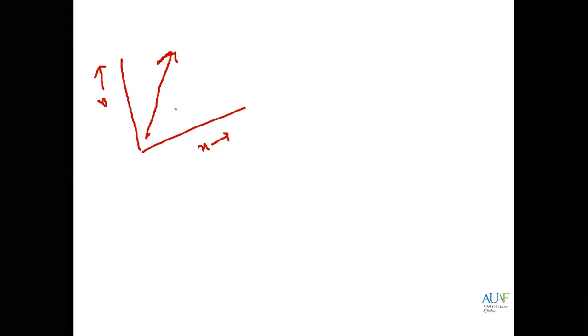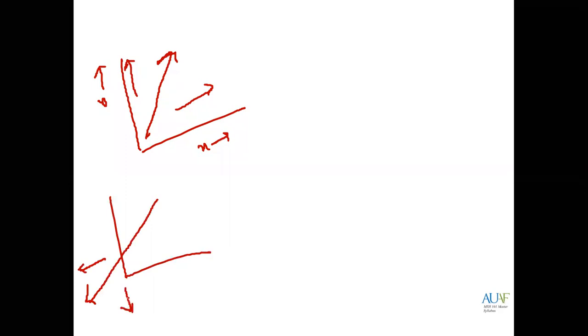Same direction means x is increasing, y is also increasing. Or, for example, in the negative sense, both are decreasing. So when both variables are moving in the same direction, that's called an increasing function.